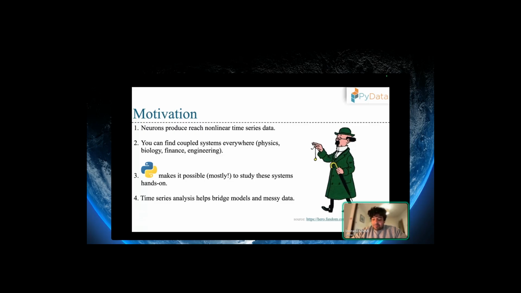A bit of motivation about this tutorial, and excuse my use of cartoons. I'm a bit of a cartoon nerd, as you can tell. I'm going to talk about neurons mostly, and neurons produce rich nonlinear time series data. Time series data is a very rich data set that a lot of data scientists nowadays use for their analysis.